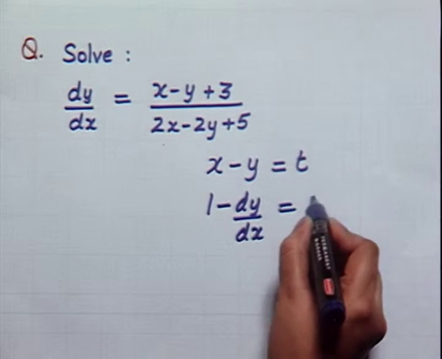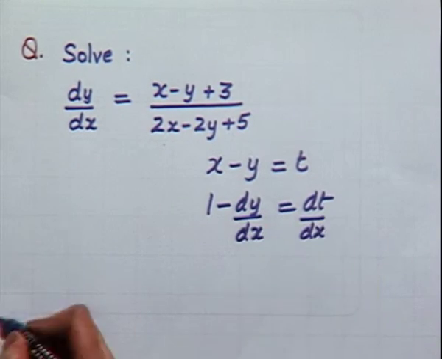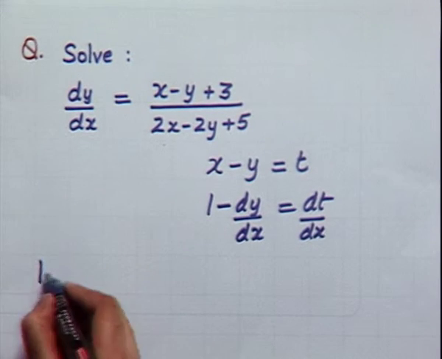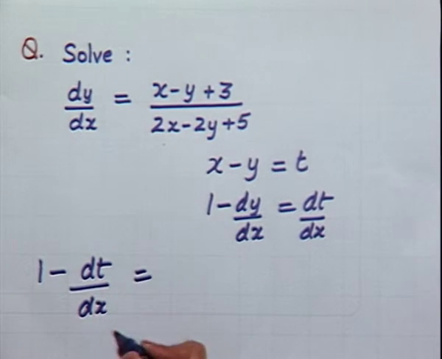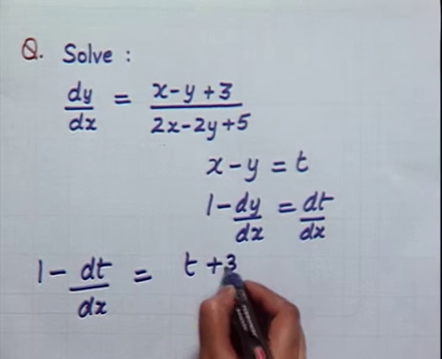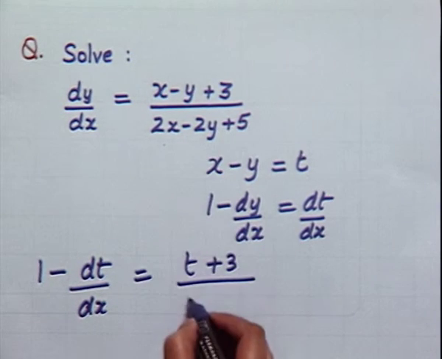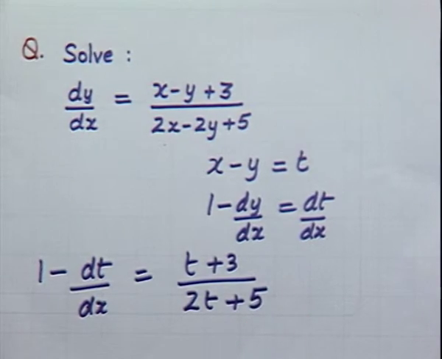So, differentiating, you can have dy by dx turning out to be 1 minus dt by dx. So, your equation will be 1 minus dt by dx is equal to x minus y is t. So, it is t plus 3 by 2x minus 2y will become 2t plus 5.